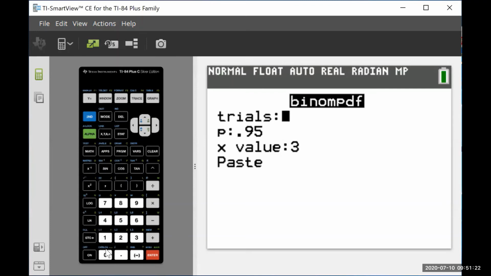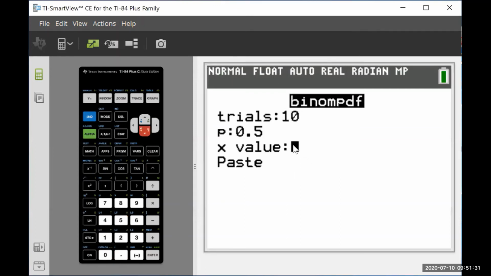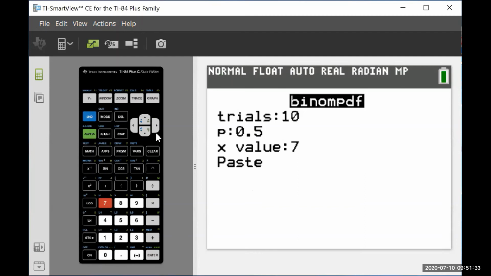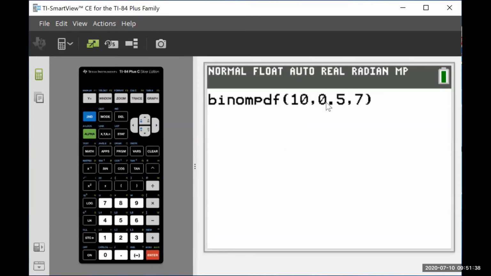Number of trials, n is 10. The probability of success in true or false is 0.5. The value of x, we said exactly 7. And then you paste this in the main screen. So this is what we wrote on paper: binomial PDF 10, 0.5, 7.